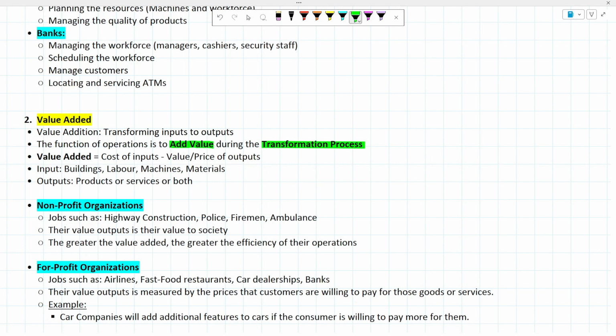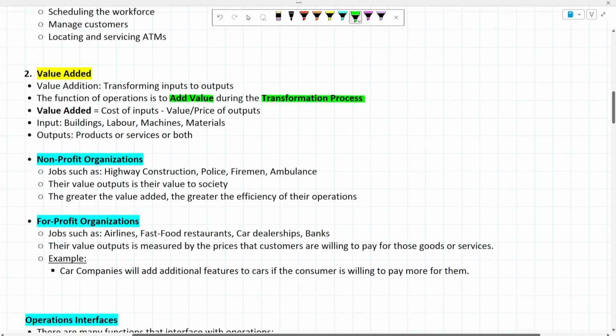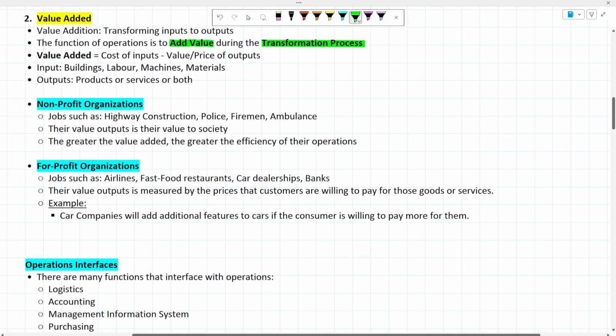Input is any building, labor, machines, materials, and output is products or services or both. For nonprofit organizations, jobs such as highway construction, police, firemen, ambulance, their value output is their value to society. The greater the value added, the greater the efficiency of their operations.